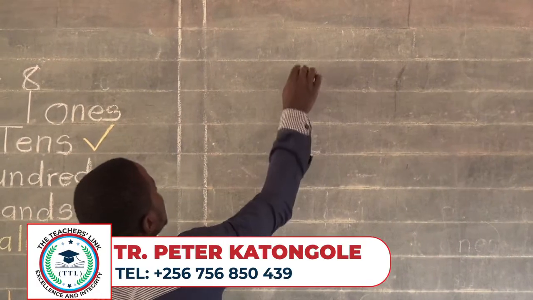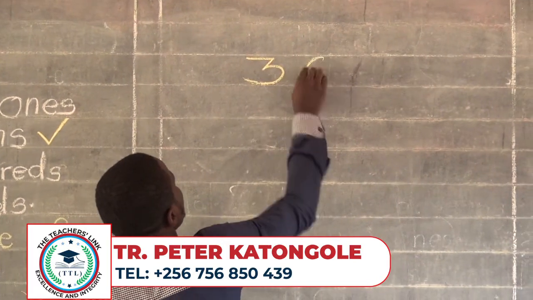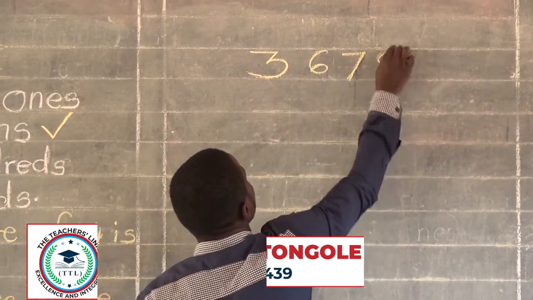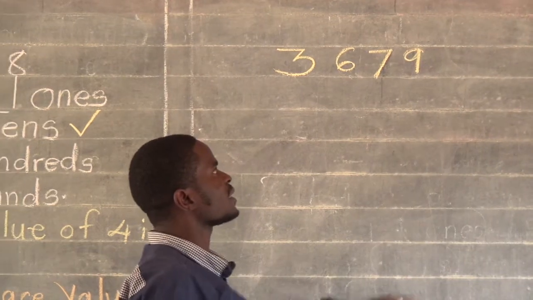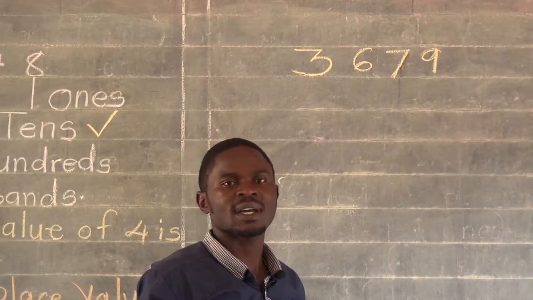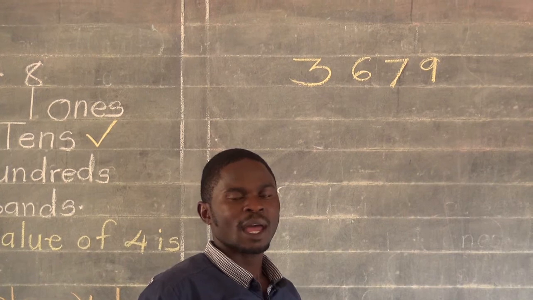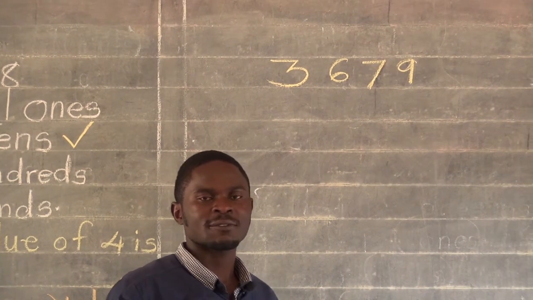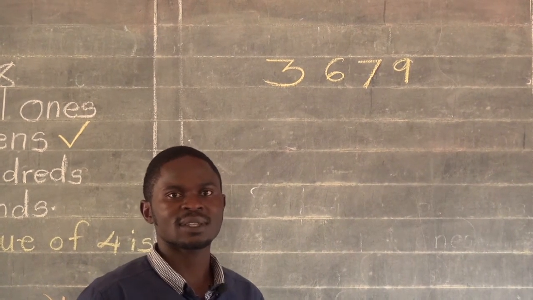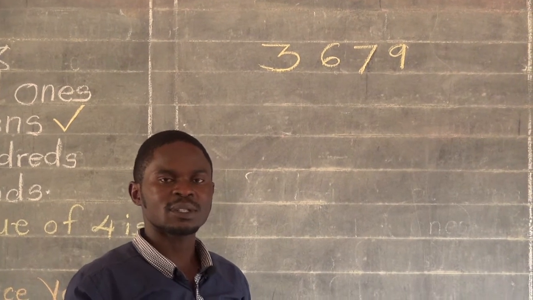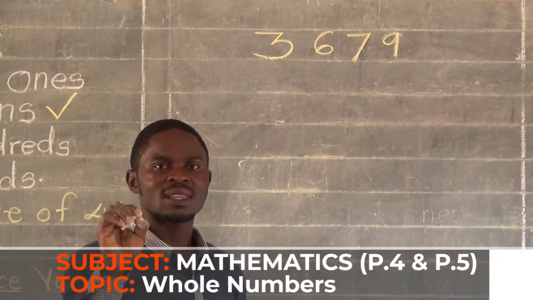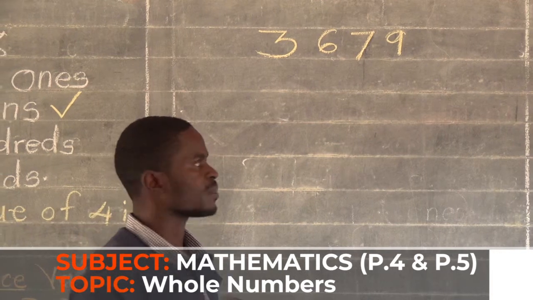So we shall write 3,679 and we shall look at the first place value on our right hand side. I hope now you know the first place value on our right hand side. Yes, the first place value on our right hand side is the ones place value.